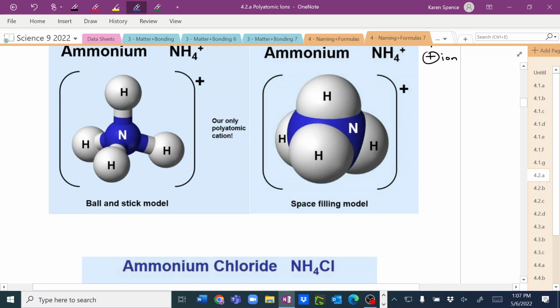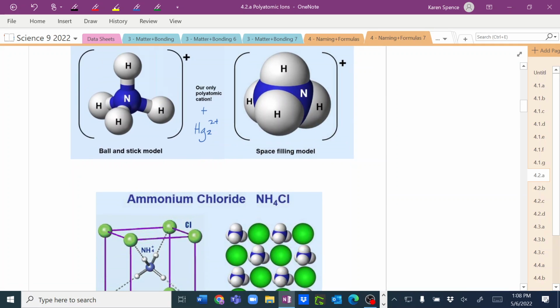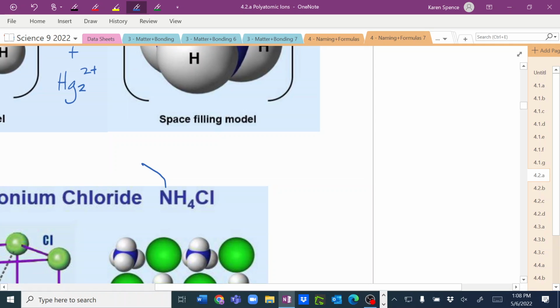So here is our, it's not our only polyatomic ion, because there's also Hg2 2+. But I do want you to look at what we've got. We have a nonmetal, and we have hydrogen, which is a nonmetal, and chloride is a non-metal. So many people would look at this and say, I've got nonmetal and nonmetal.